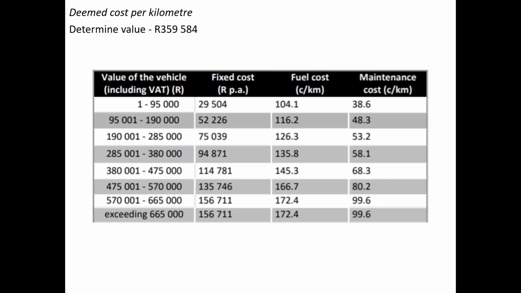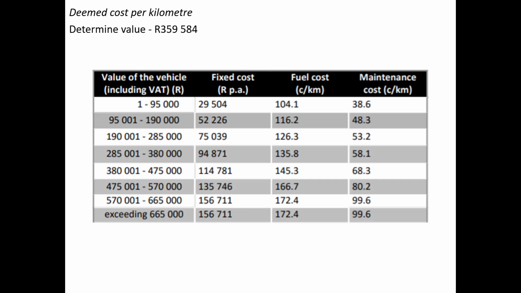As I have mentioned when we started, the second option in determining the cost per kilometer is the deemed cost per kilometer, right? And that is based on the deemed cost scale that is updated on an annual basis by the Minister of Finance, right?